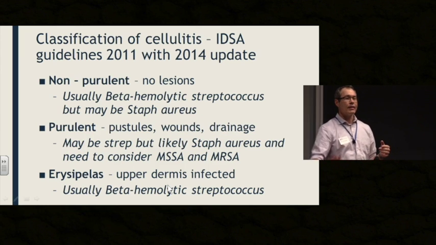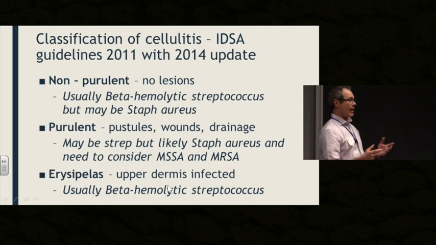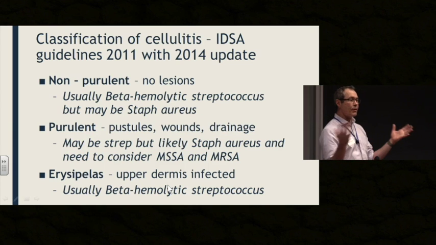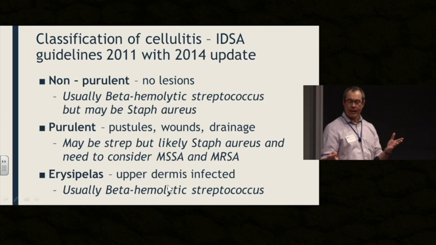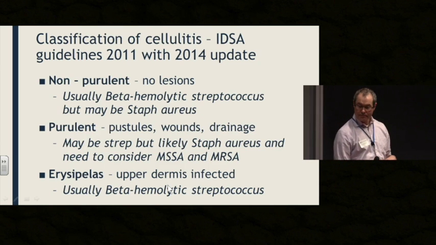Really, that's one of the driving factors behind these new guidelines, the whole MRSA problem, and how in a lot of emergency rooms and out in the community, MRSA is so prevalent. It's not that prevalent in long-term care, but we'll talk about how we're going to think about MRSA in a minute. And then erysipelas, which is really a type of non-purulent cellulitis that's almost exclusively beta hemolytic strep. I'll talk a little bit about what erysipelas is.